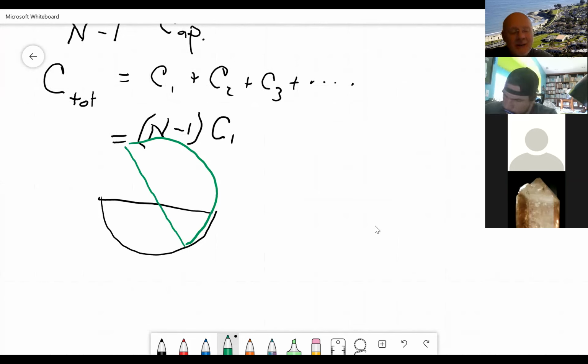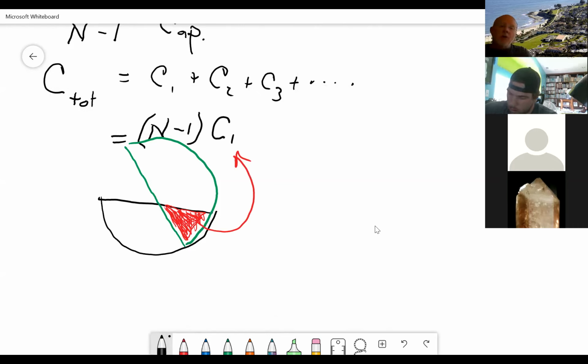What I want to get at is that this, which I'm coloring in red, would be the overlap area. And that's the part that has to do with C1.